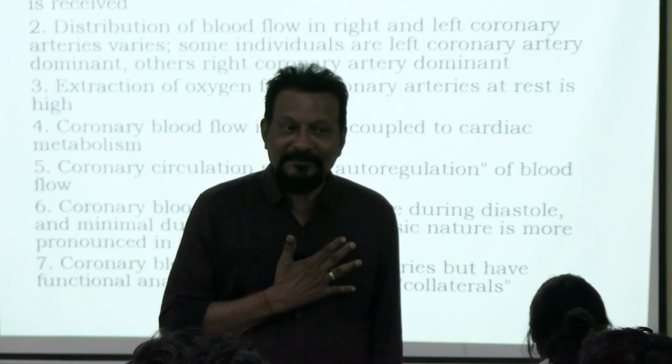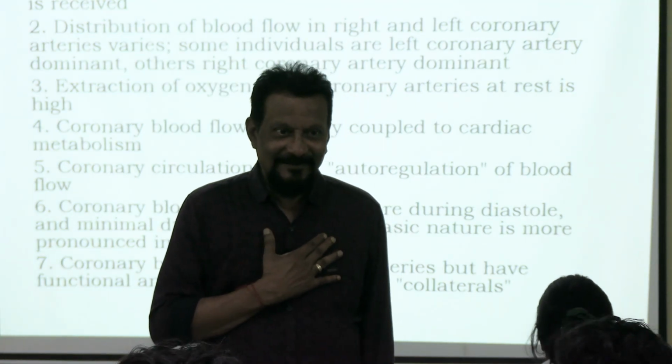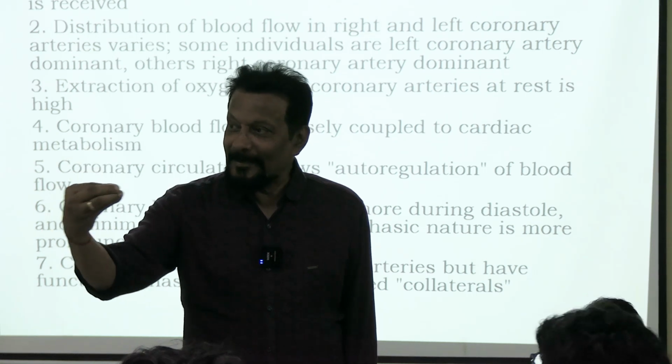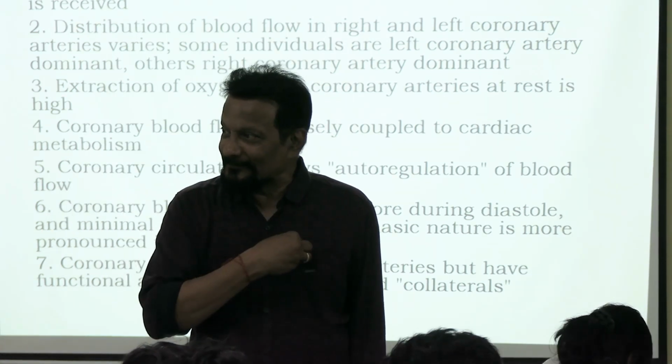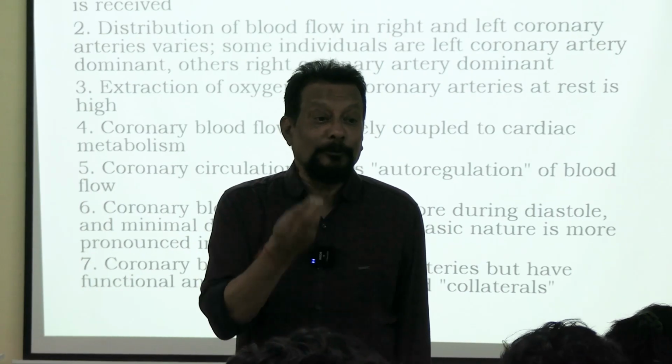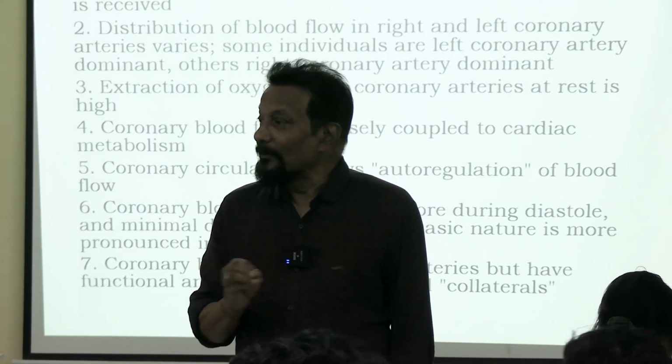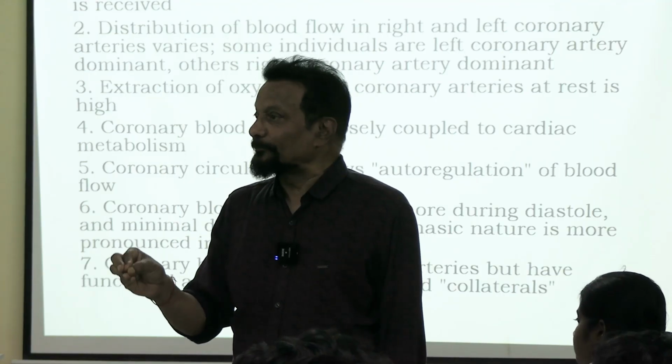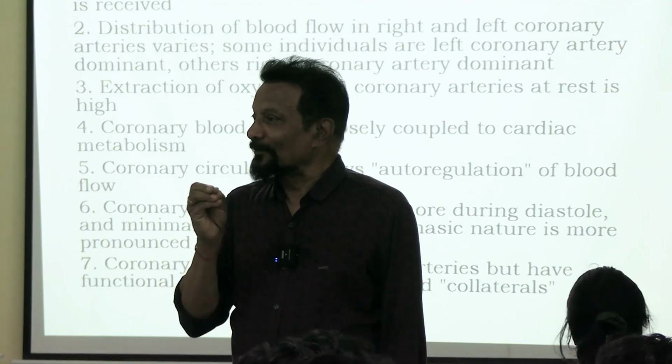What is the situation in your heart? When 100 ml of arterial blood is passing to the myocardium, it will extract near about 80% of the oxygen from the arterial blood.